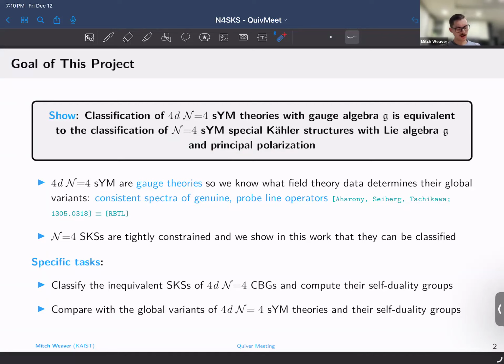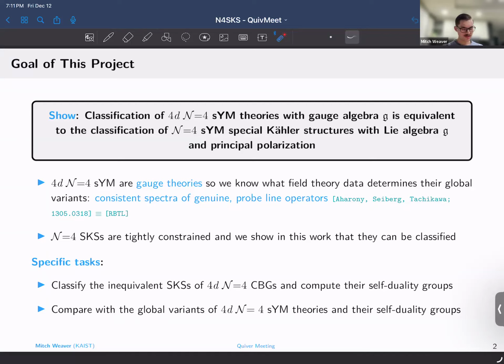And we're going to focus on the 4d N=4 theories because they are gauge theories, and we therefore know what field theory data determines their global variants. This was given to us in this wonderful paper, which I'll end up referencing a lot, where they show that the global variants are given by the consistent spectra of so-called genuine probe line operators.